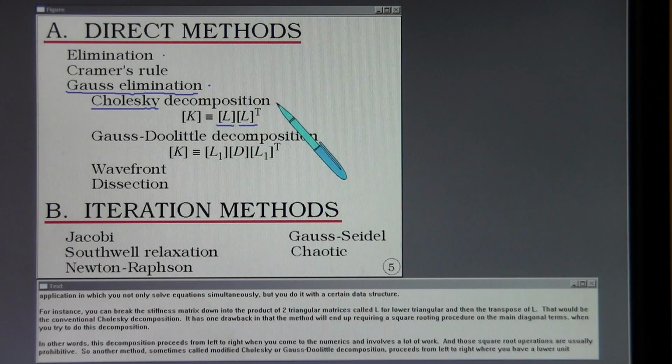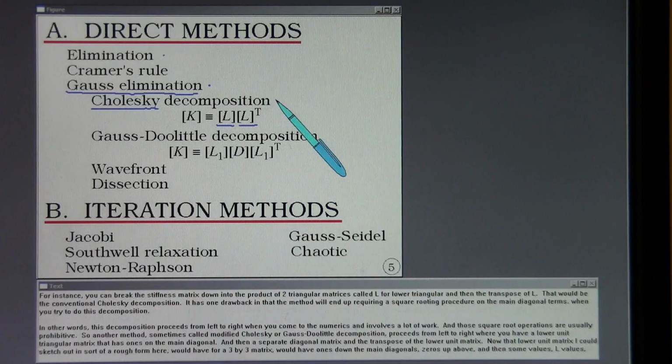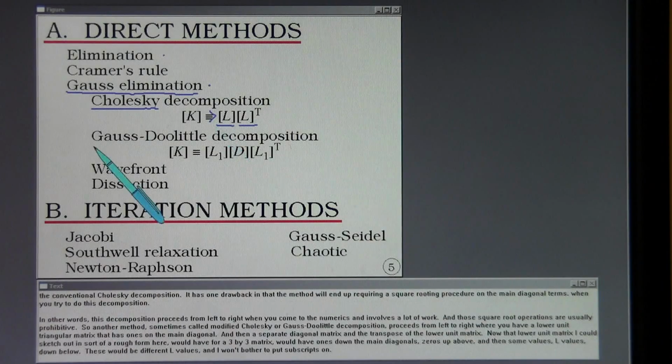It has one drawback in that the method will end up requiring a square rooting procedure on the main diagonal terms when you try to do this decomposition. In other words, this decomposition proceeds from left to right when you come to the numerics, and involves a lot of work. And those square root operations are usually prohibitive.